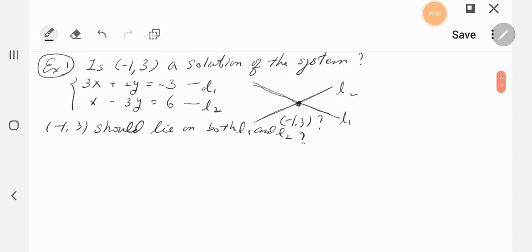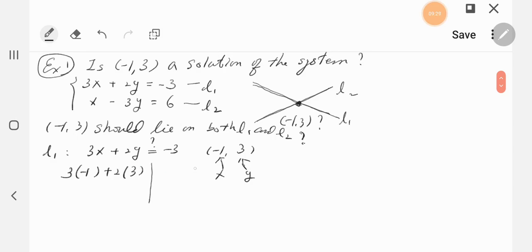Okay, so let's check. For line 1, let's plug in this point and check whether the equation is true. x is -1 and y is 3, and let's check whether this is equal to -3. So this is -3 plus 6, which is +3, which is not -3.